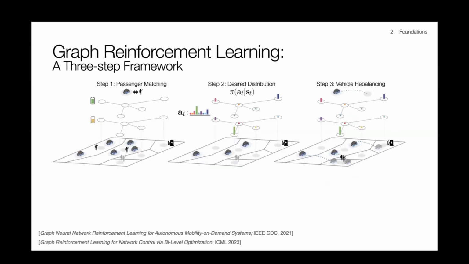When discussing graph reinforcement learning, this typically entails a three-step framework, whereby the instantaneous decision that we have to take at time t, remembering that the decision for us entails picking a flow over the edges of a graph, is decomposed into three steps.